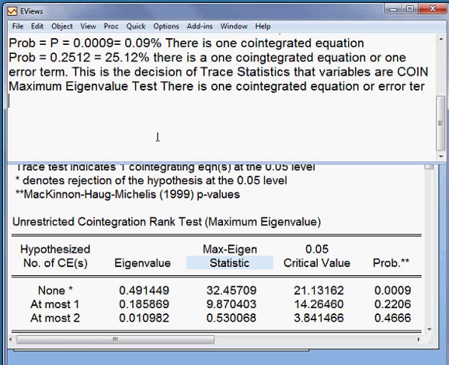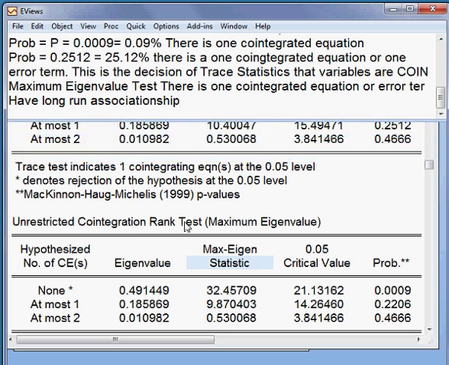All the three variables have a long run relationship.